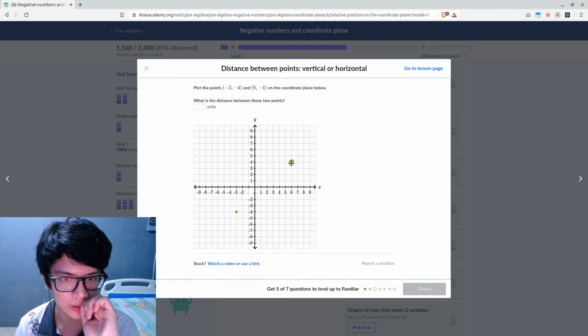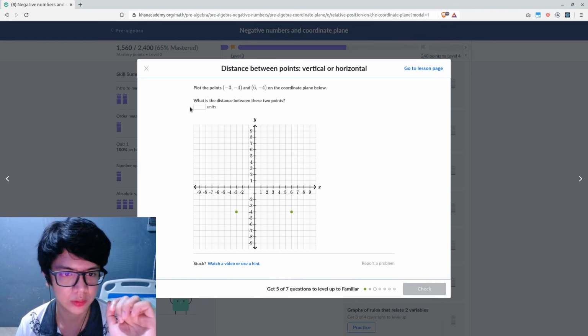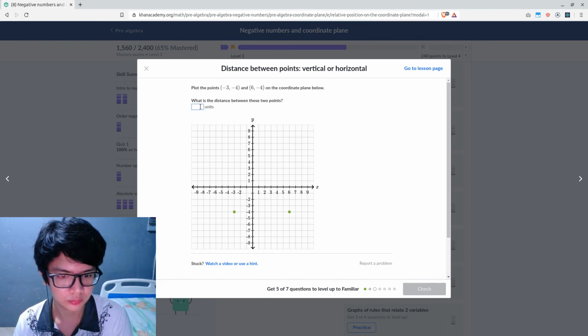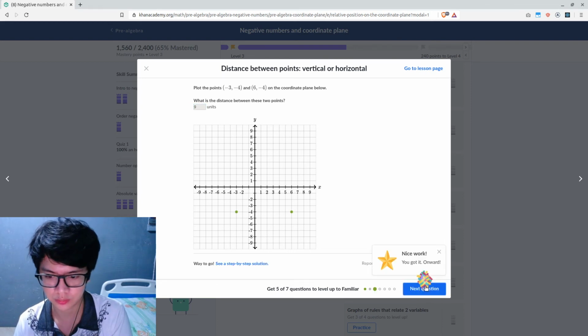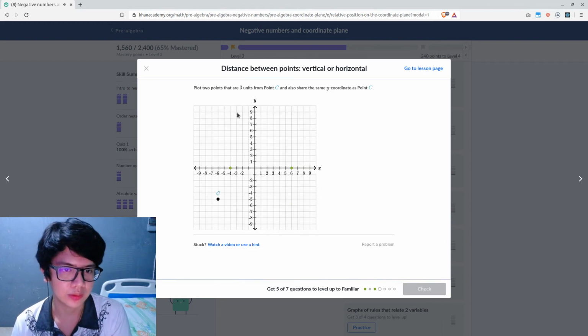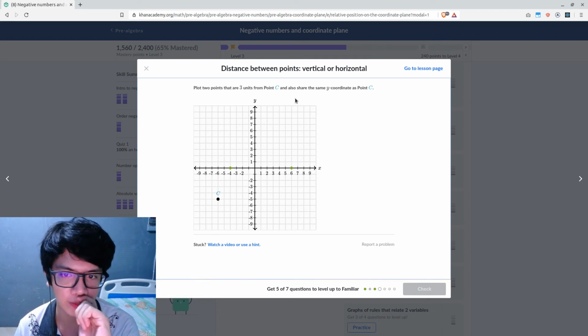6, 4. Uh, 6, 49. Plot the 2 points that are 3 units from, and also share the same y coordinate as point C. Wait, what?